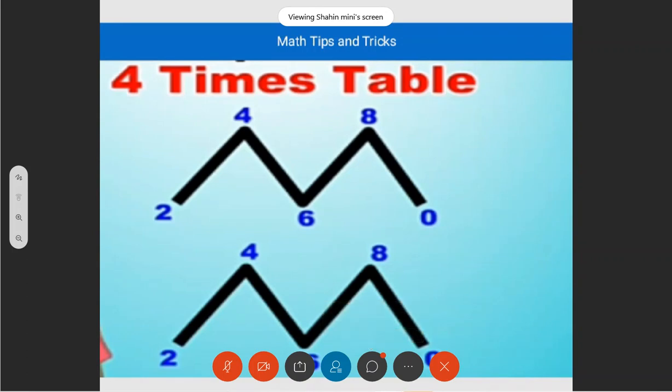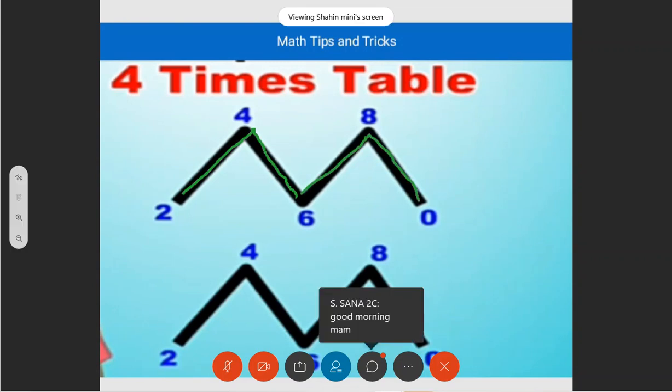Yes, children, see here, this is about the 4 table. So what do we have to do? We have to draw like a mountain. First you draw like this, bottom to up, then one more line like a mountain. Like that, draw it. Like 4 lines.